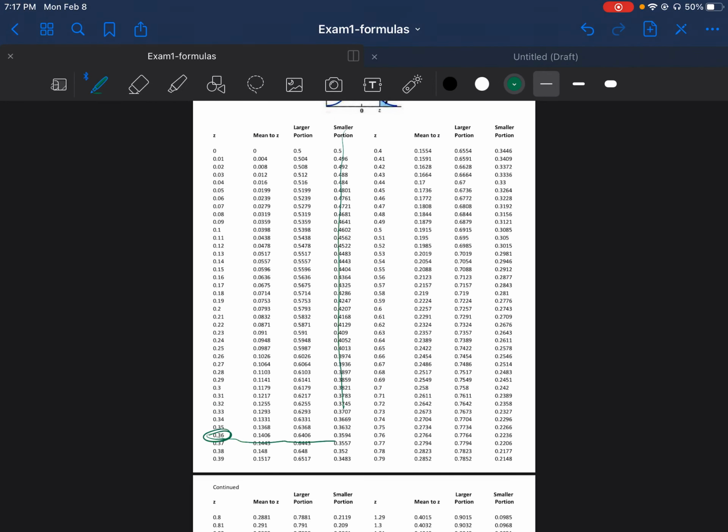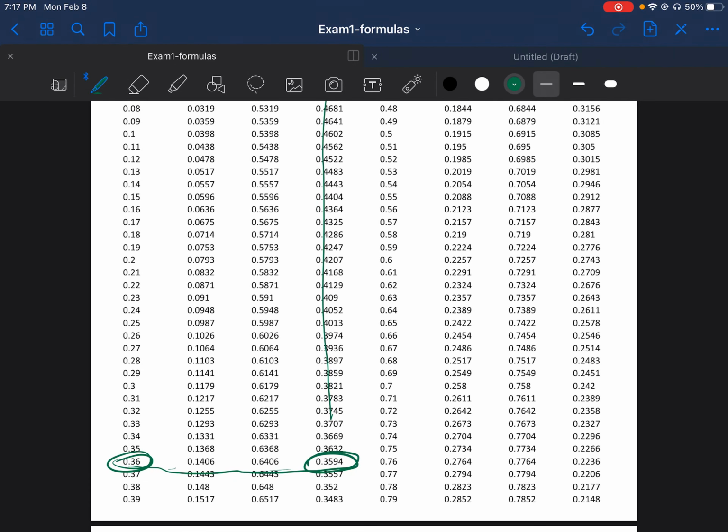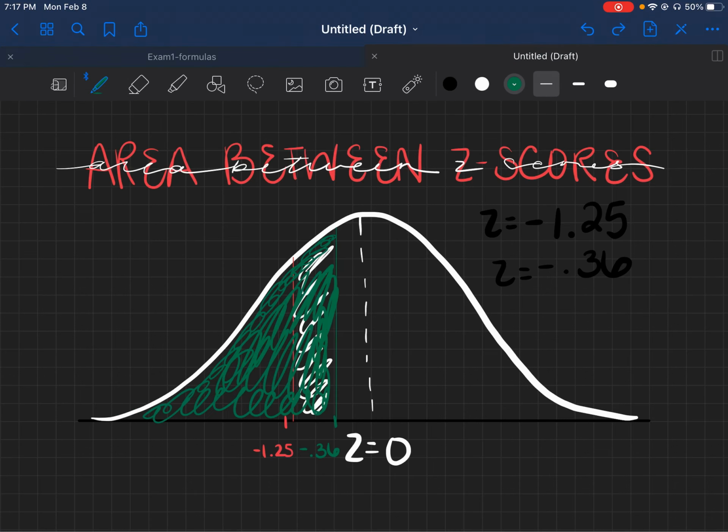So the area in that, it looks like, is going to be 0.3594. So I'm going to go ahead and write that over here in green. I'm a very visual person, so I like to use the different colors to remind me what I'm doing.